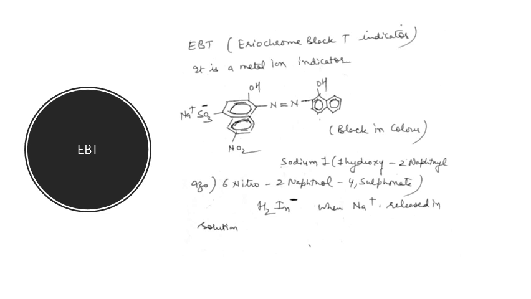Now the next role comes up of EBT. What is EBT? EBT is an indicator. What is its name? Eriochrome black T indicator. It is a metal ion indicator. Let's see its structure. The structure has two naphthalene groups. Here you are able to see two benzene rings, that is called naphthalene.